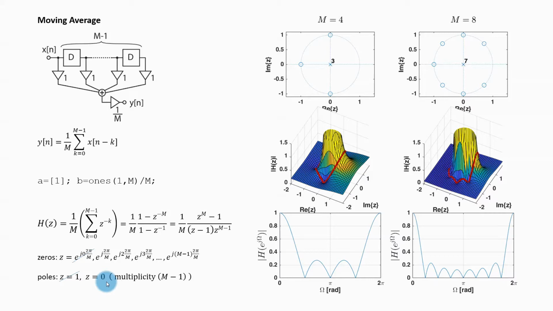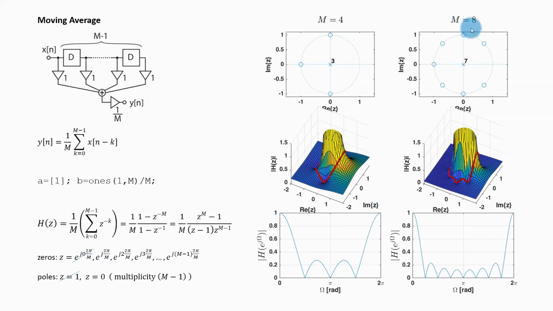The final shape of the frequency characteristic will depend on how many values I average. If I average 4 values, these will be the zeros and poles of my transfer function. This will be the plot of the magnitude of the transfer function, and consequently the amplitude frequency characteristic will have this shape.